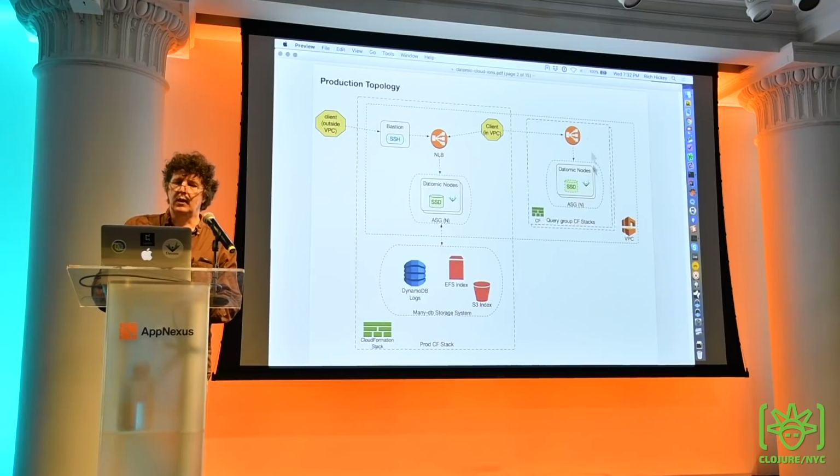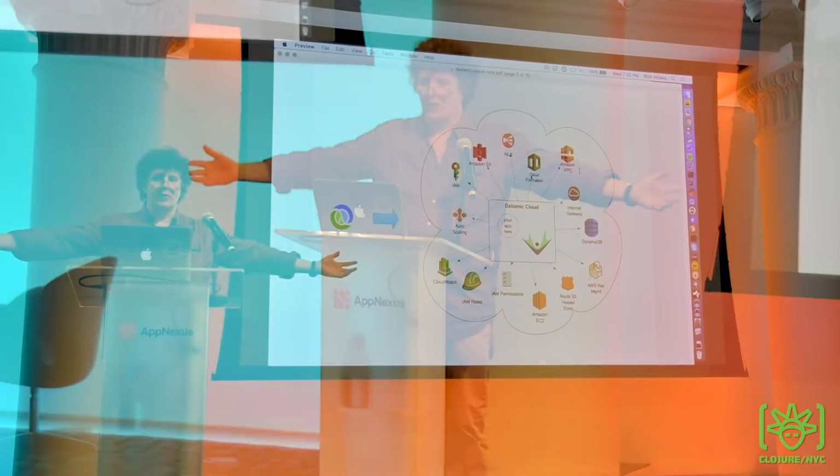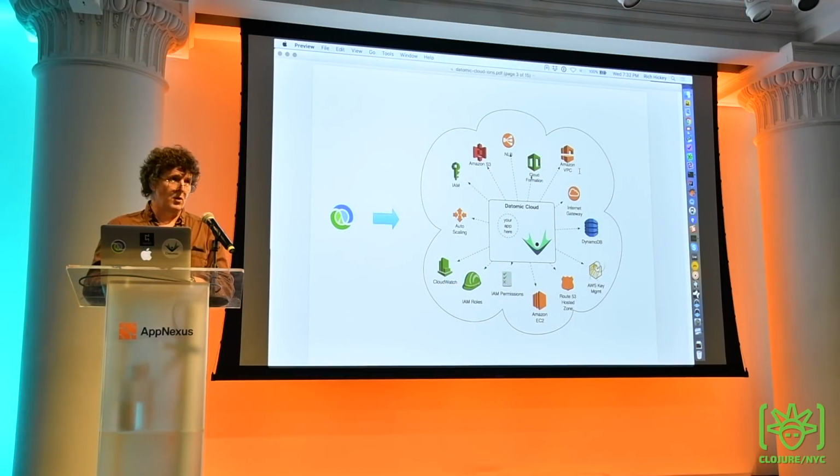On the right, you see query groups. Again, they get started by different stacks. I'll talk about them later. So this is sort of what's happening. Those diagrams are nowhere near all the stuff. There's a ton of stuff. We're also creating IAM roles, auto-scaling groups, CloudWatch dashboards, permission sets, hosted zone.